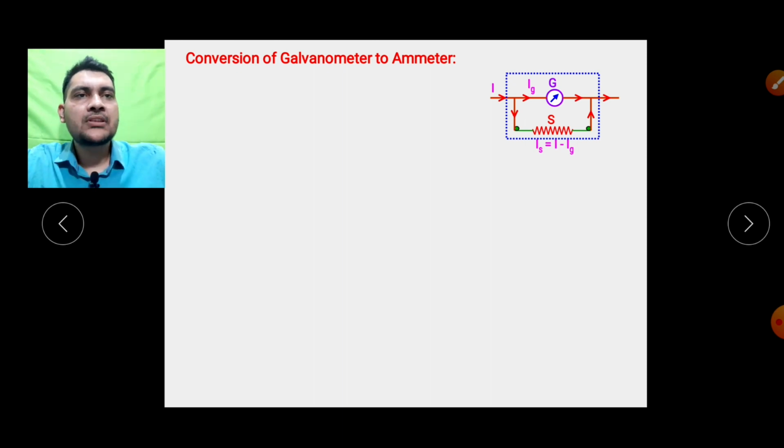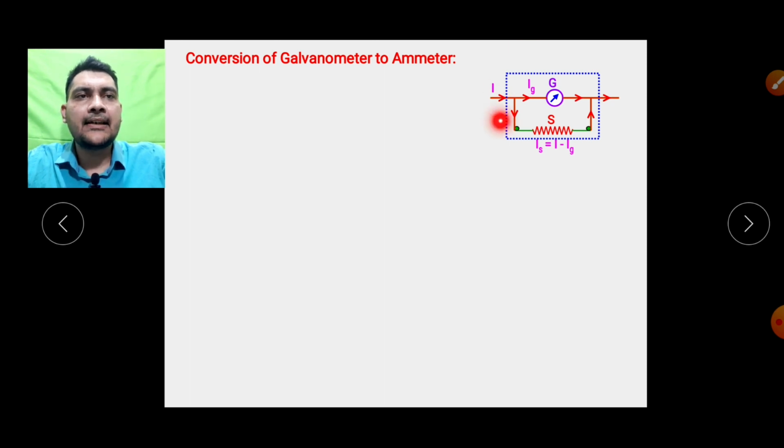So let us see now. Suppose this is the actual branch of the circuit in which the galvanometer was connected, and the purpose of the galvanometer, as all of you know, is to check the presence of current. Suppose Ig is the current for which the galvanometer gives full scale deflection. But you are not willing to use this galvanometer as a galvanometer.